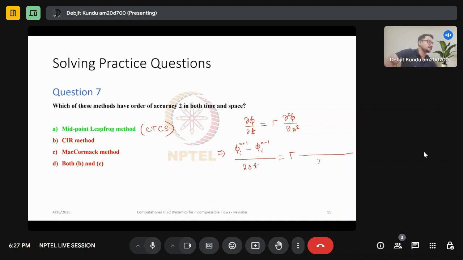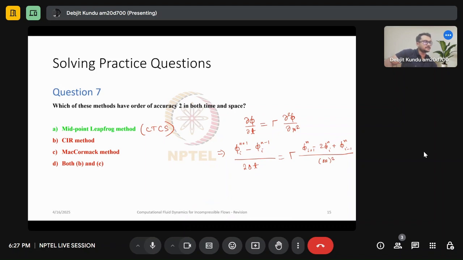So you have phi I plus 1 minus 2 phi I plus phi I minus 1, all at time level n, divided by delta x squared.